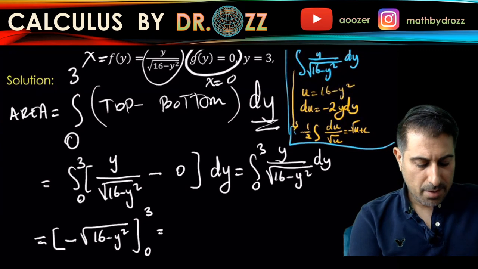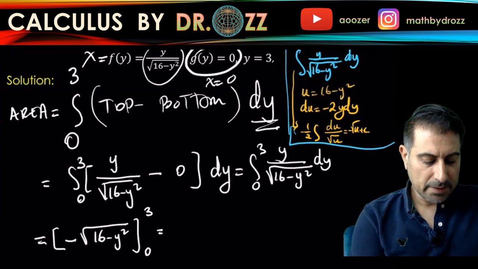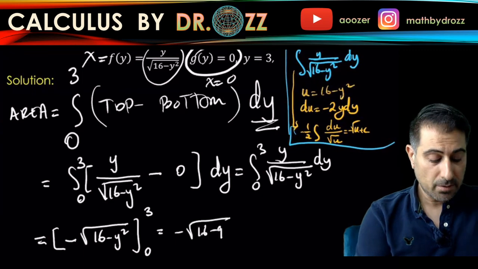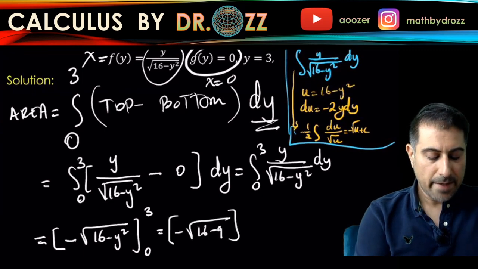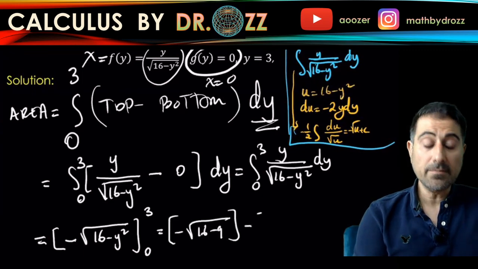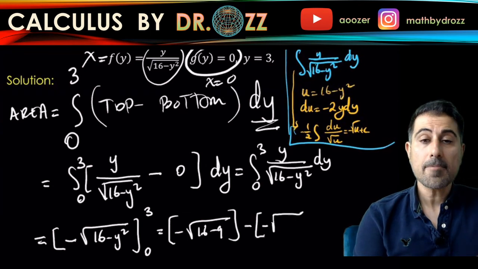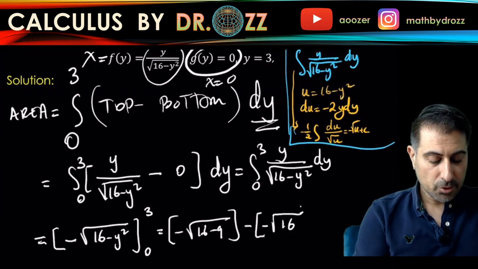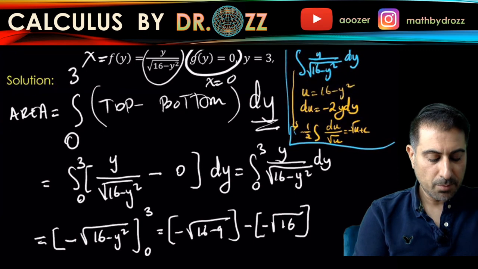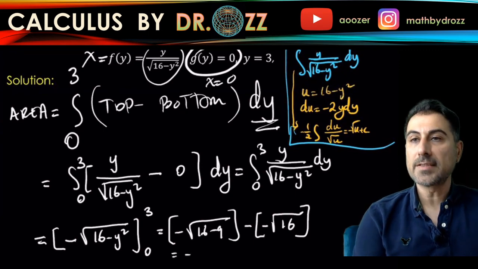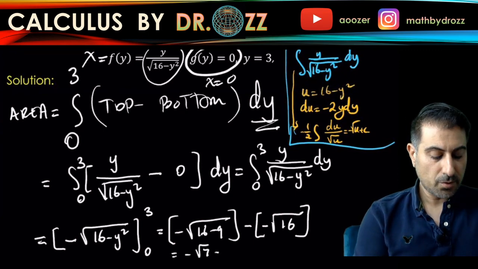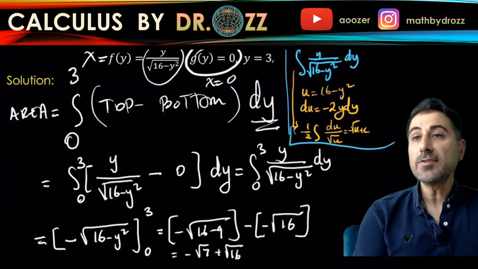And negative the square root of 16 minus 9 is what I have when I plug in the upper limit, minus negative root 16. This turns out to be negative root 7 plus root 16. So in other words, 4 minus radical 7.